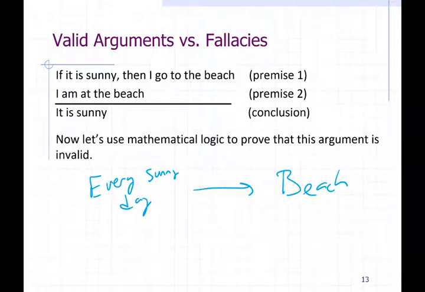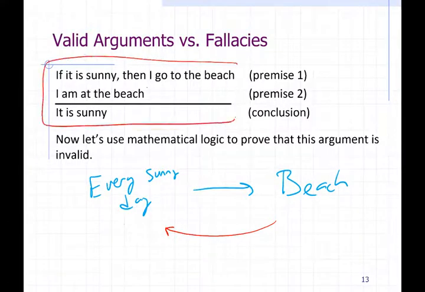Okay, so if the day is sunny, I'm at the beach, but that does not imply the opposite. That does not imply if I'm at the beach, it is a sunny day. So if I could go to the beach every single sunny day, I could also go to the beach if it's cloudy or if it's raining. Okay, so we've just shown that this argument is not valid.